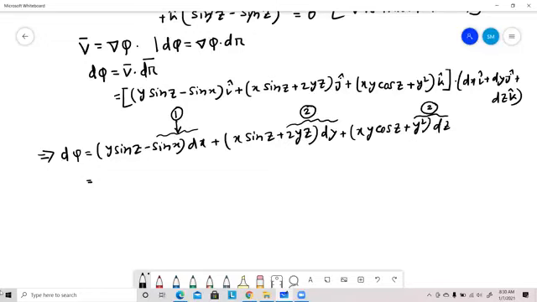But the remaining term, we observe the remaining term y sin z dx, x z dy, xy cos z dz. These are three variable terms.